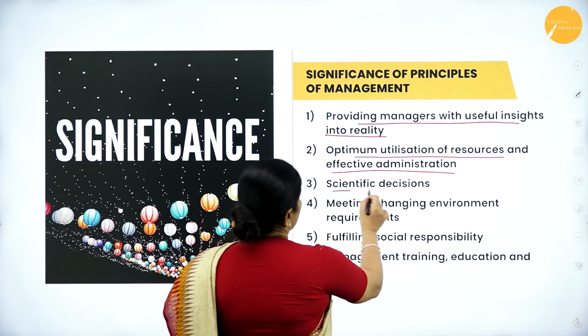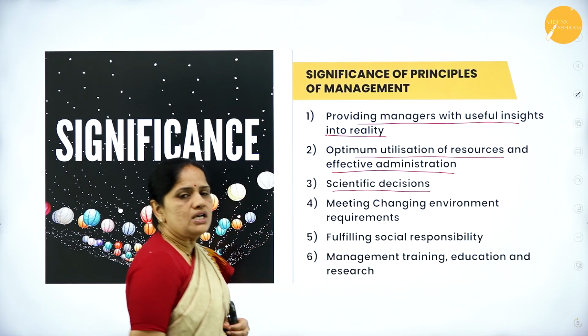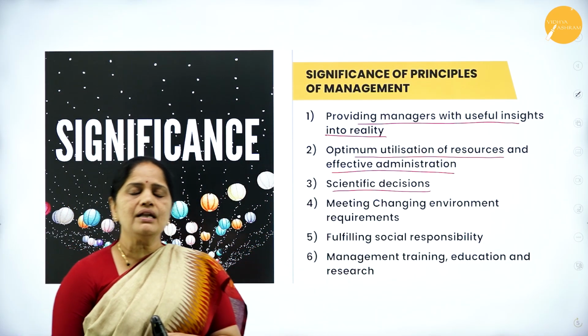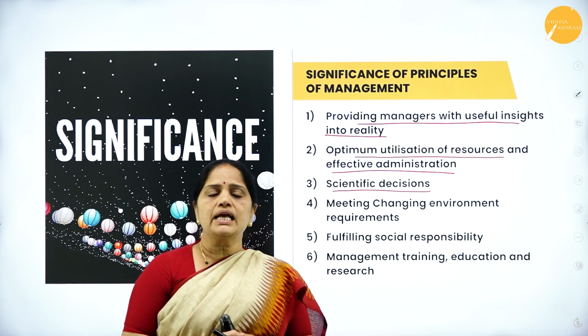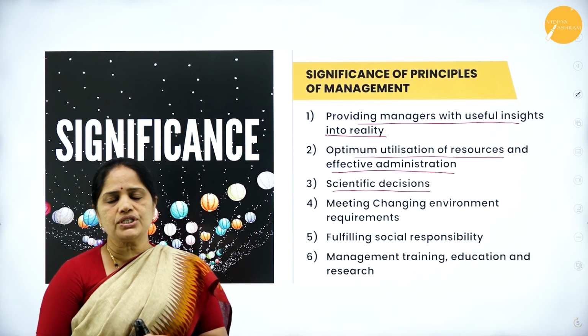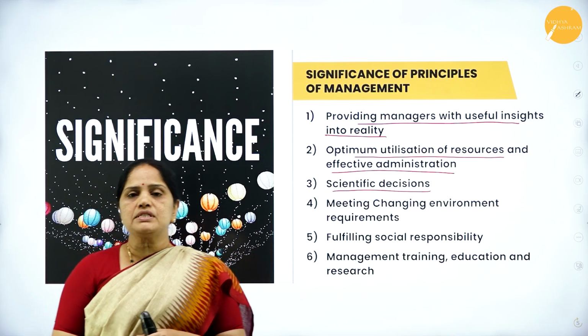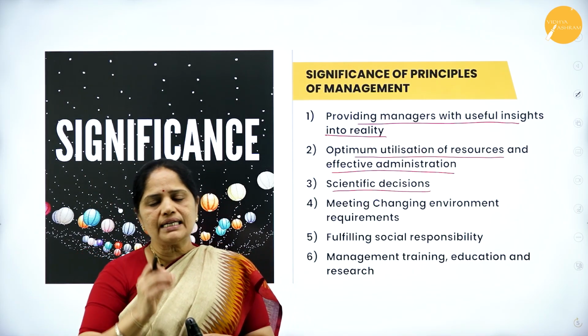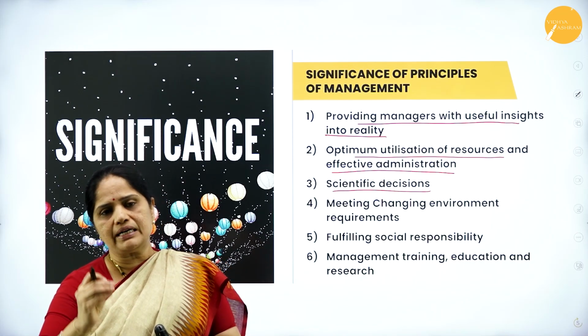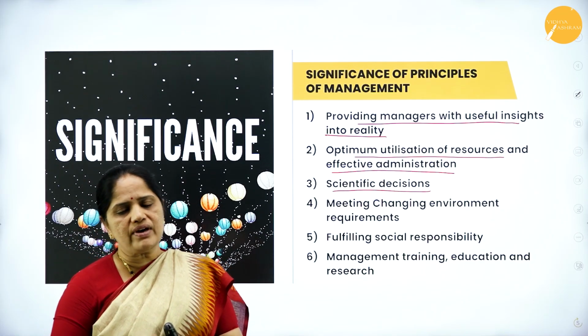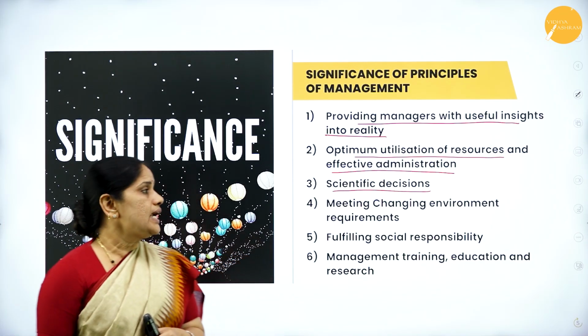Then third one is scientific decisions. The principles of management will help the managers in taking scientific decisions, meaning decisions based on the principles of management. They are time tested, experimented and in practice. That is why we say that they are scientific decisions.